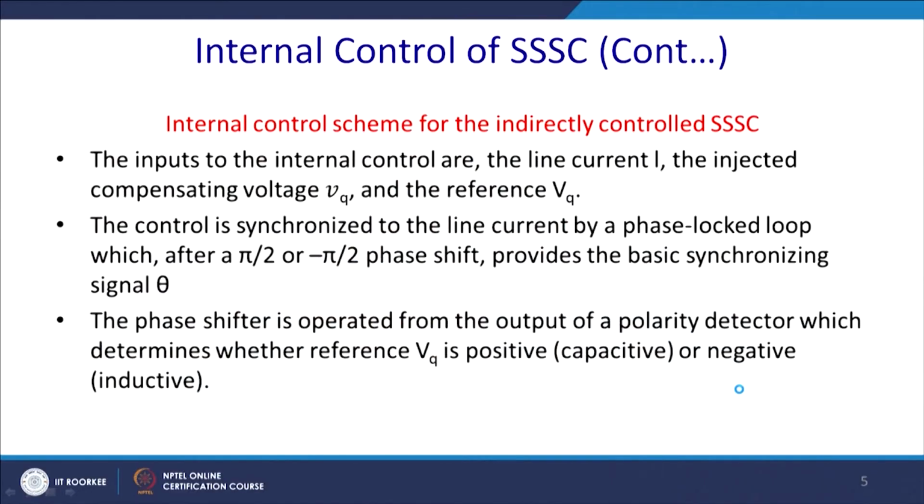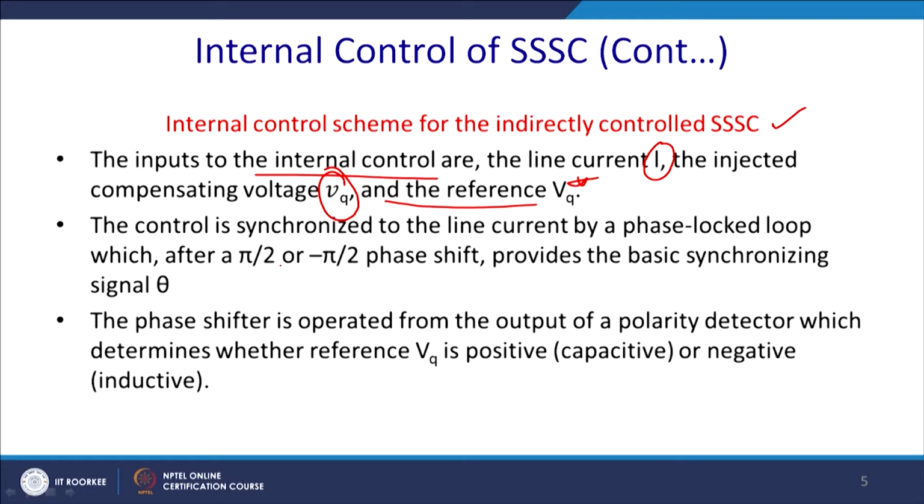So, let us discuss the internal control scheme for the indirectly controlled SSSC. The inputs of the terminal voltage are, please note, the line current, the injected compensating voltage VQ and the VQ star or VQ reference. The control is synchronized with the line current by a PLL or phase lock loop.